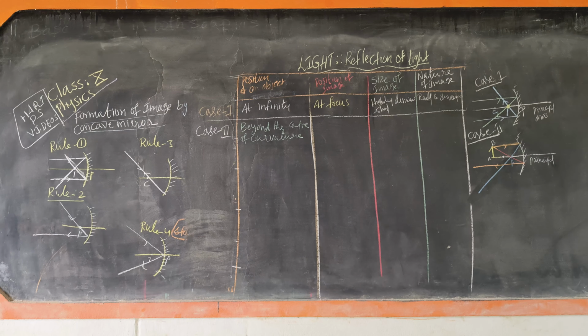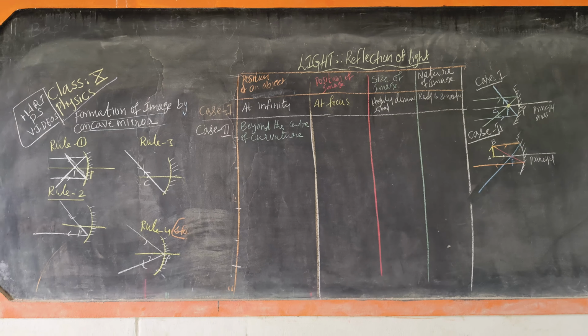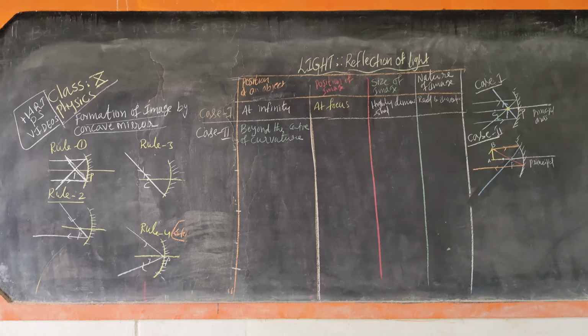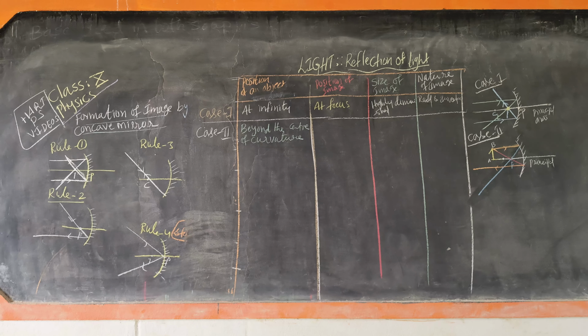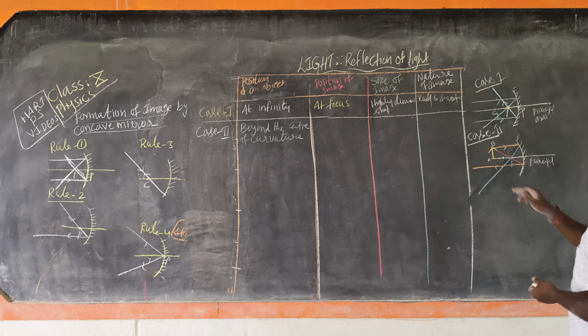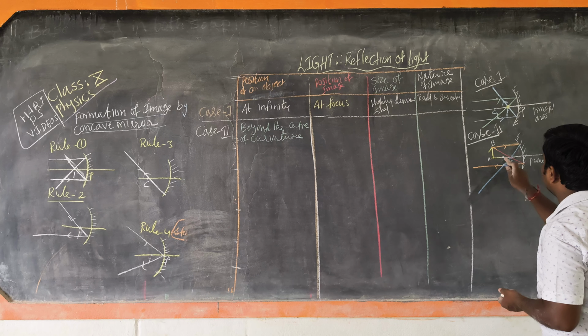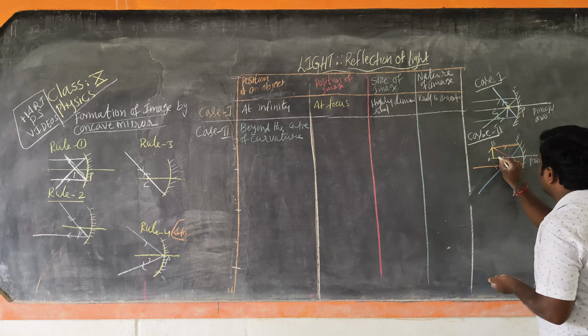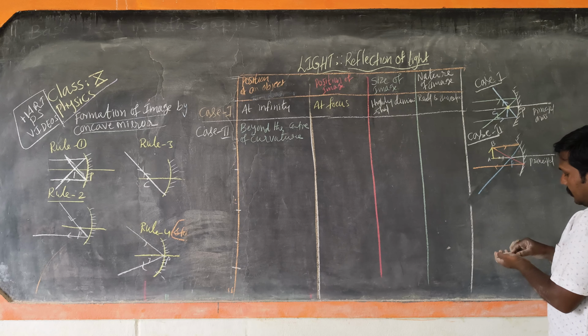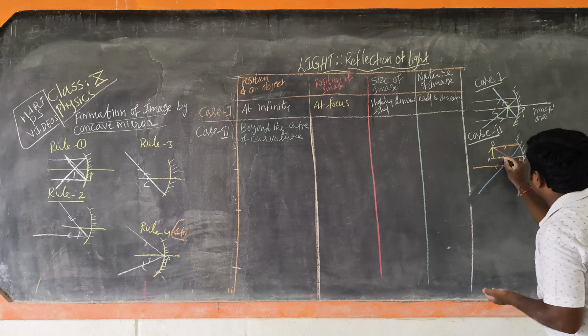So here, let us find out the position of the image. The object is placed behind the center of curvature. The image is formed here.